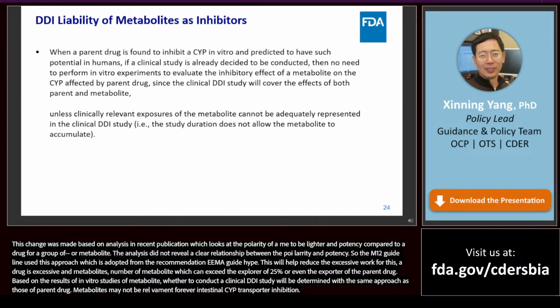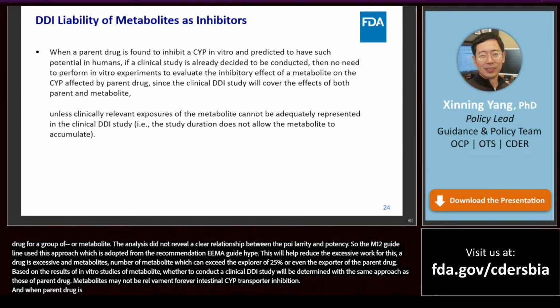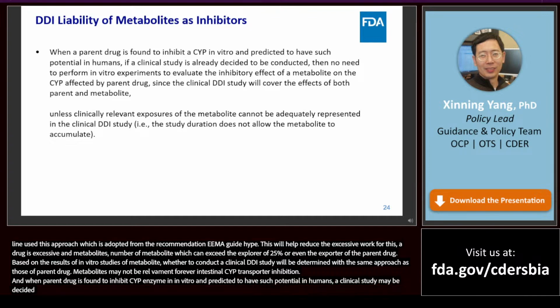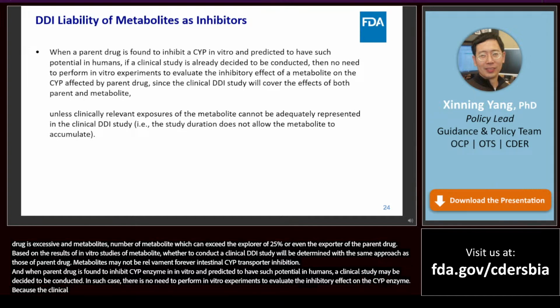And when a parent drug is found to inhibit a CYP enzyme in vitro and predicted to have such potential in humans, a clinical study may be decided to be conducted. In such a case, there is no need to perform separate in vitro experiments to evaluate the inhibition potential of a metabolite on the CYP enzyme affected by the parent drug, because the clinical study will cover the effects of both parent and metabolite.